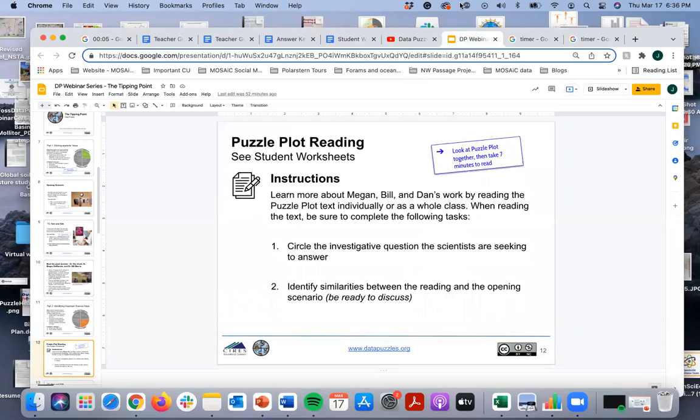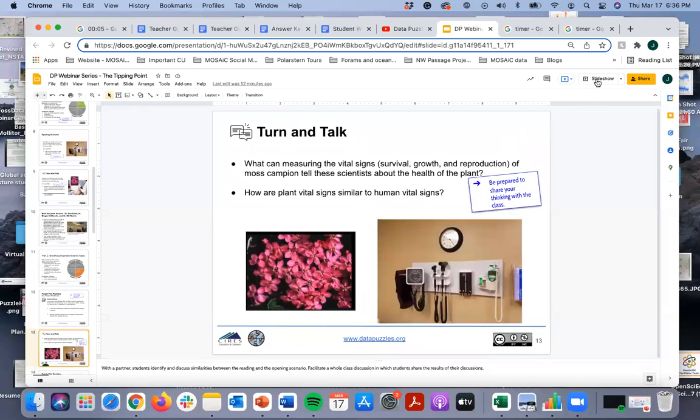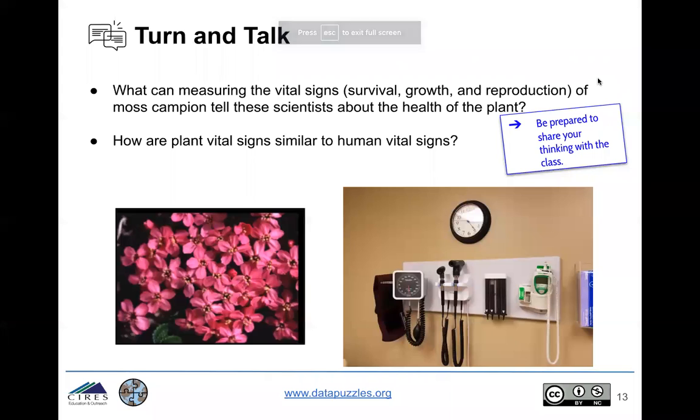So once you've gone through that text, you've had a chance to pause and play those videos, then you come back together as a class and have some conversations trying to connect what we did in the opening scenario to what they just engaged with in that puzzle plot text. So thinking about the vital signs of Moss campion, what can measuring these vital signs tell us about the health of the plant?